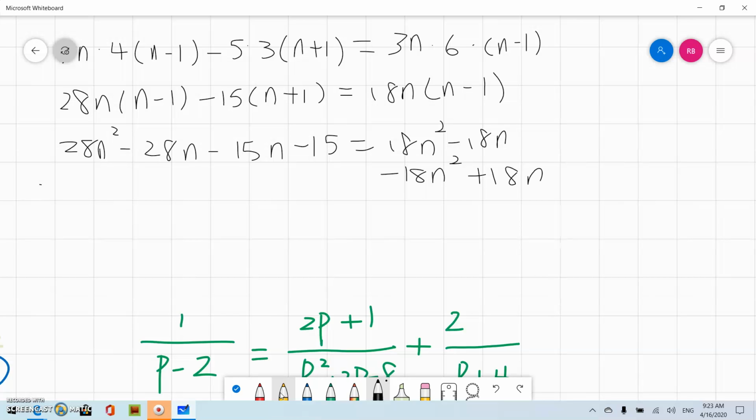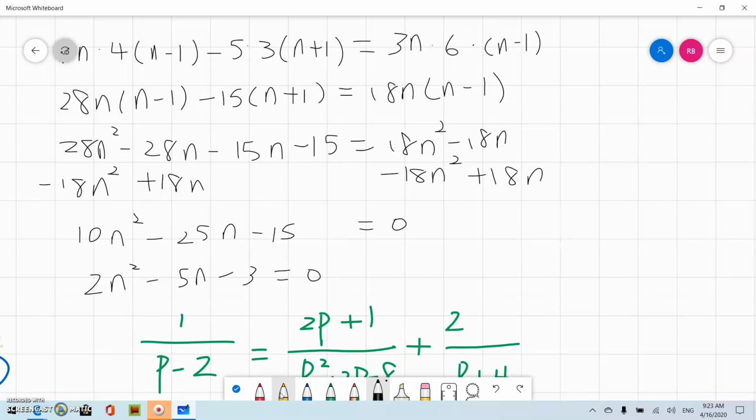Okay? And then make the other side equal 0 because we will have to factor. Alright, so the GCF in this case would be 5. So I can divide everything by 5 because the other side is equal to 0.